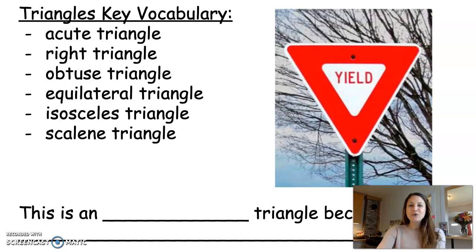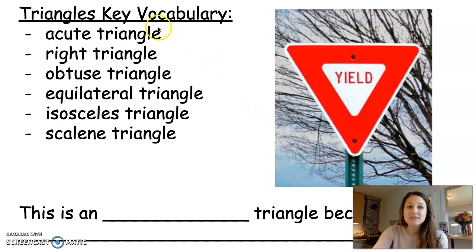Okay, let's look at a few real-world examples. This is a yield sign. And I want you to think about how we could fill in this sentence I have started below. This is a blank triangle because, why? How do we know?